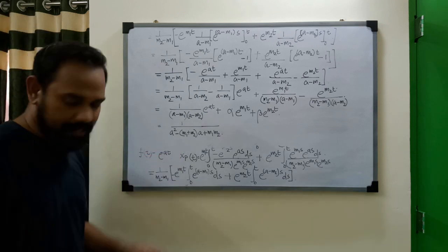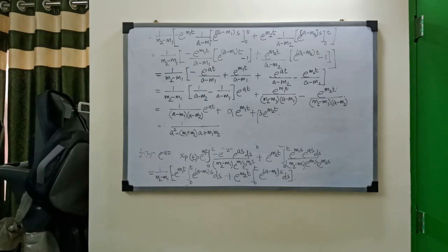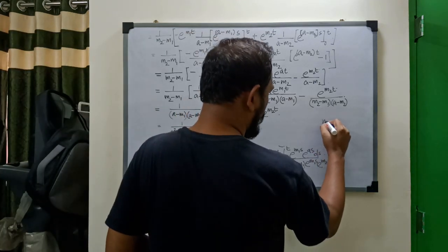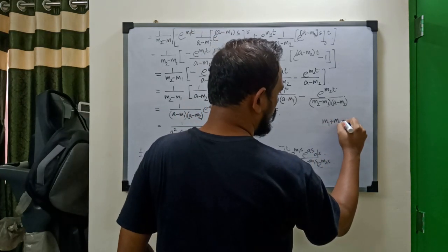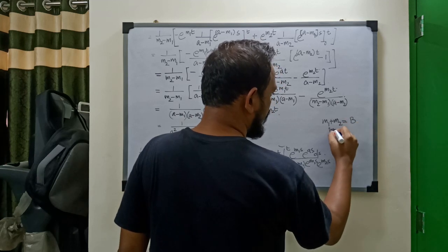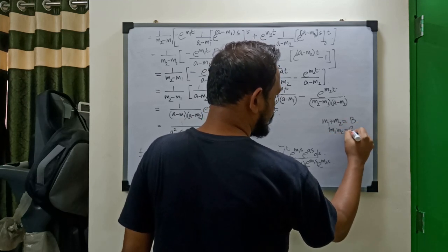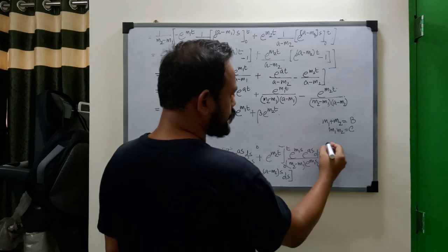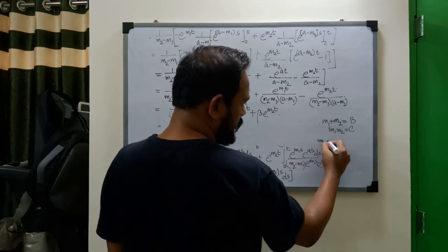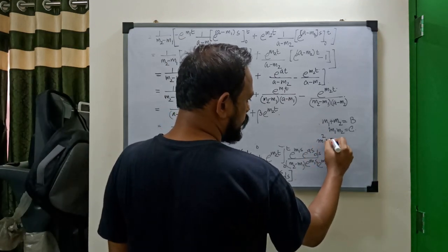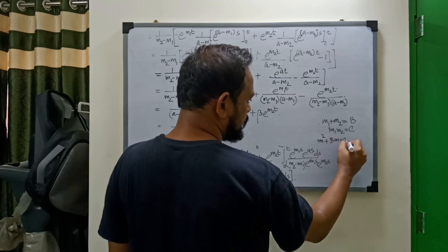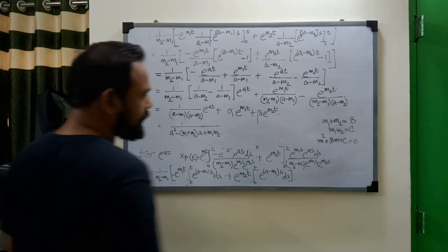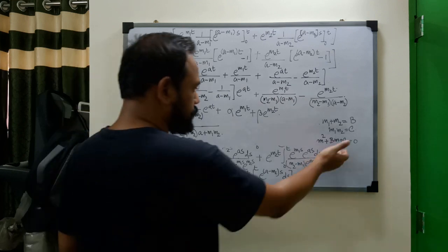But that's the same as, m1 plus m2 will be the same as negative b, and m1 m2 will be the same as c, because these are the roots of this quadratic equation, m squared plus bm plus c. So you all know this from school.